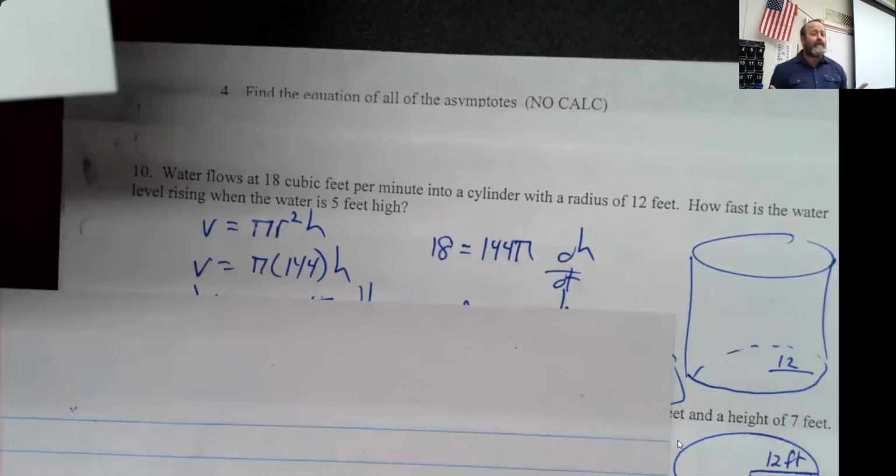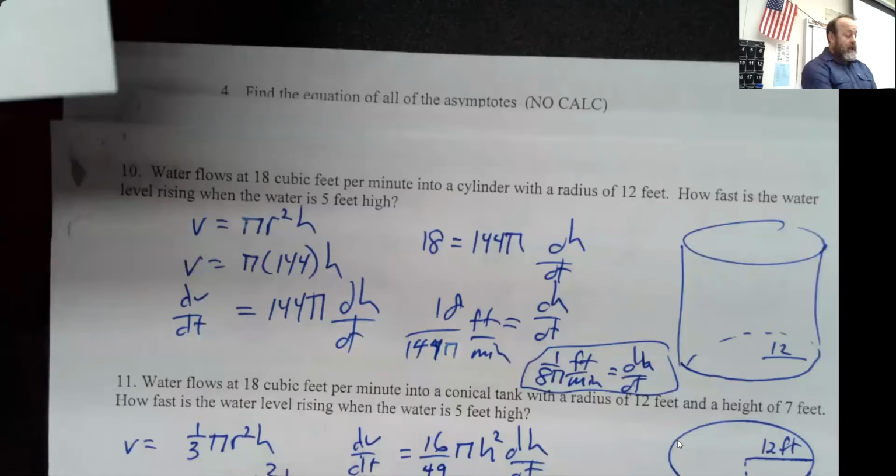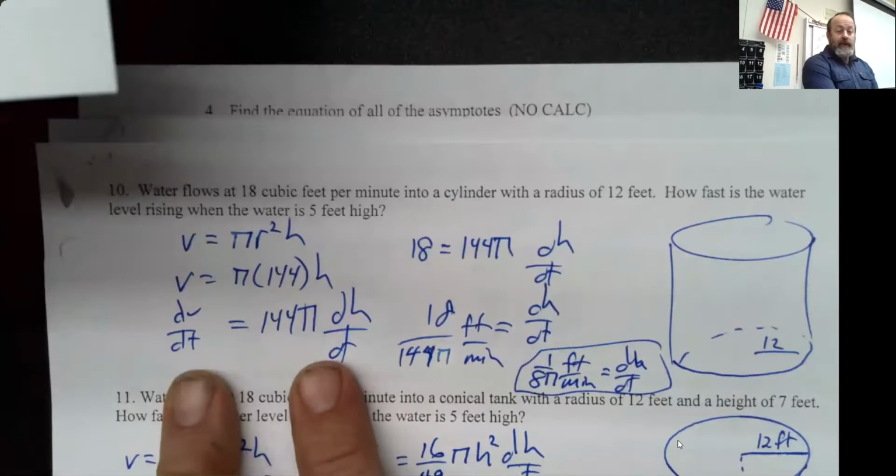So we got 144 pi h. Easy little equation. Now, of course, when we take the derivative of 144 pi h, it would be 144 pi dh dt.